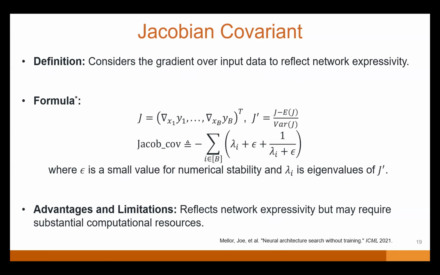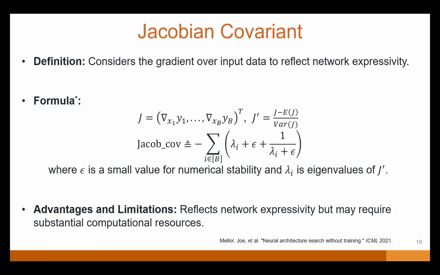Okay, now I'm going to move to one that is even more complicated. This is the Jacobian covariant, or Jacobian covariance, in which we do a lot more compared to the previous one. It addresses the issue over the input data to reflect the network expressivity.